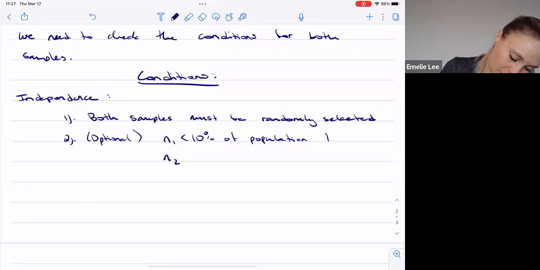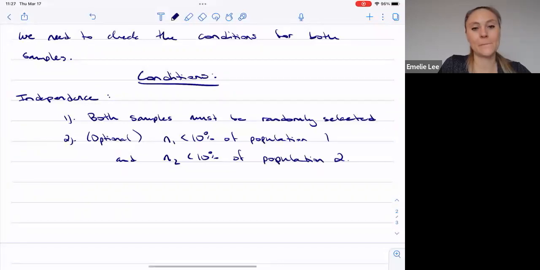And N2 has to be less than 10% of population 2. It's not crazy important, because it's very rarely going to happen that you've collected too much of the population, but it is something to keep in mind. So that's why I keep highlighting it.